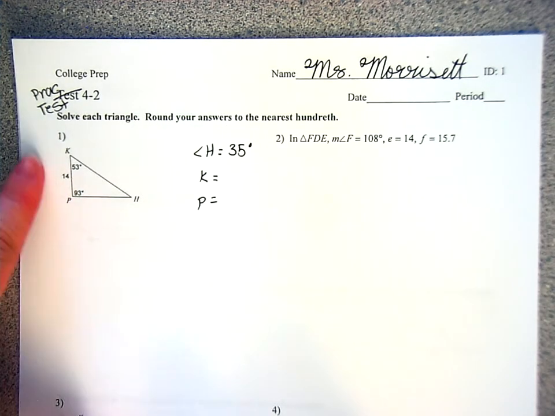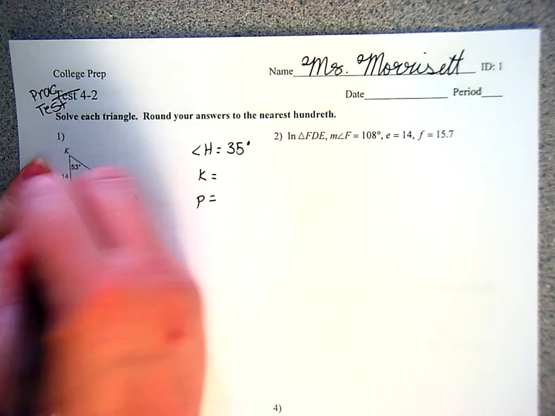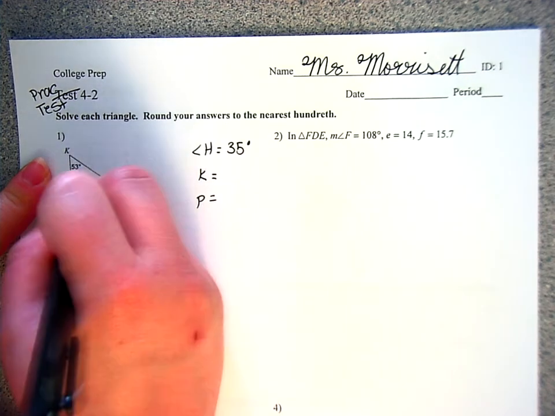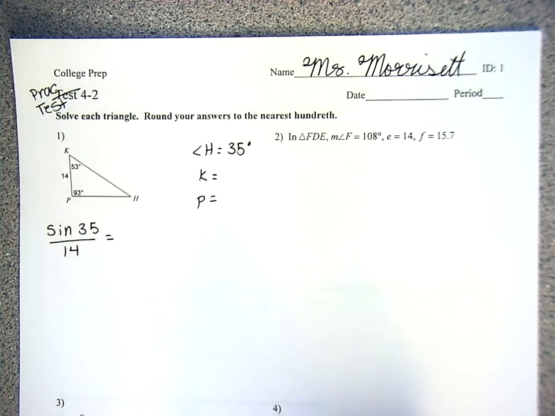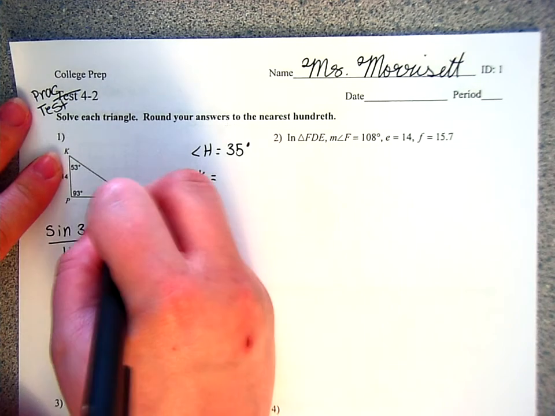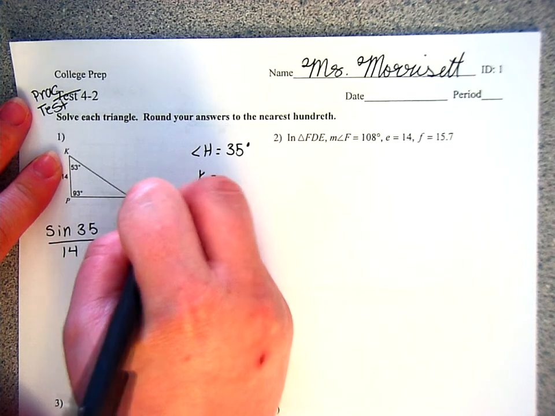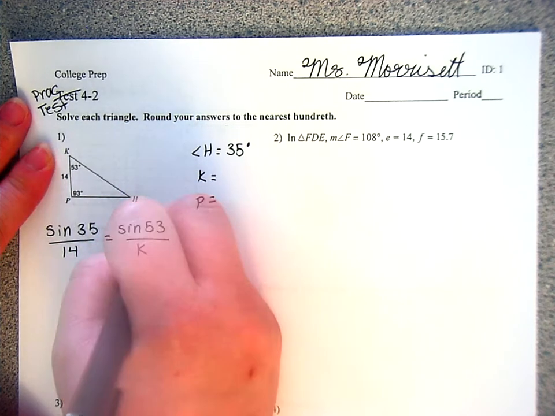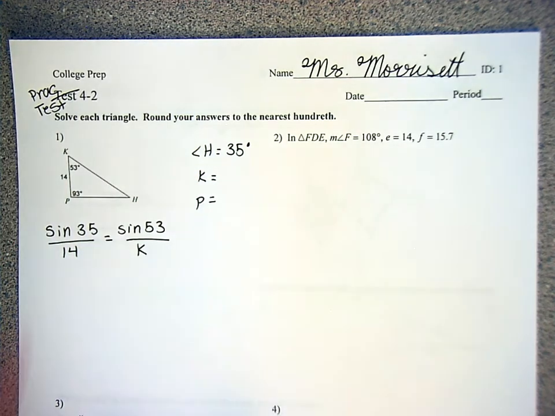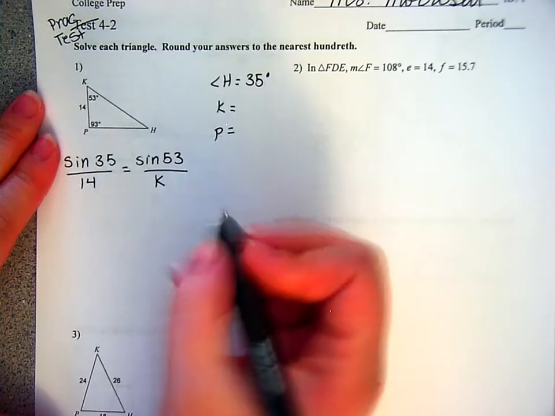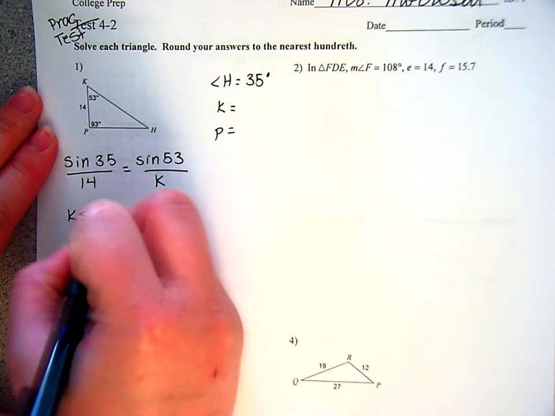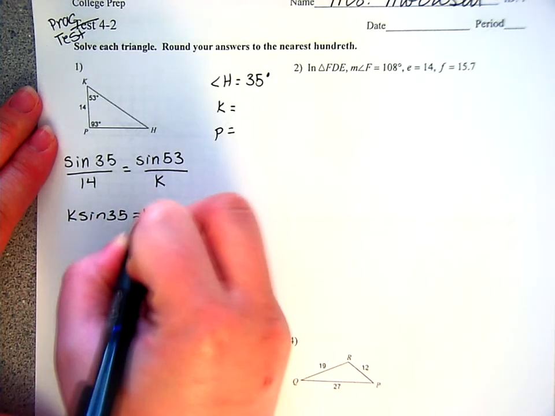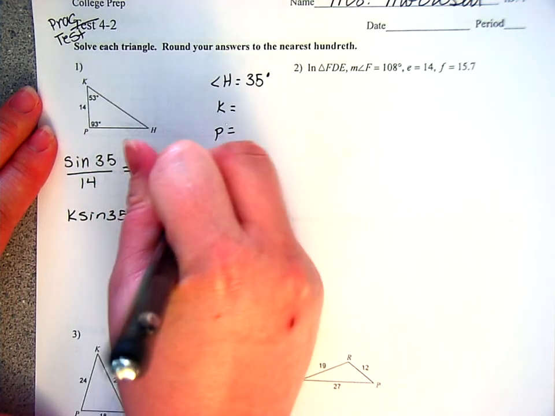I have a pair, big H and little h, so I'm going to use my law of sines there. So I have sine of 35 over 14. And then I can solve for K or P, it doesn't matter. I'm going to go for K. So we're going to have sine of K, which is 53, over little k. I need to cross multiply, which gives me K times sine of 35 is equal to 14 times sine of 53.